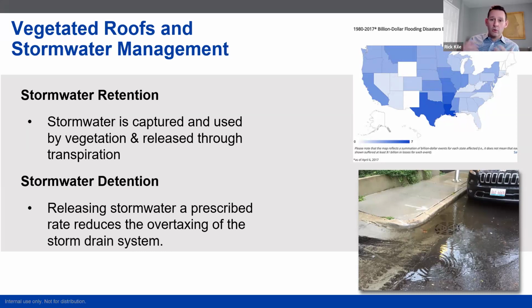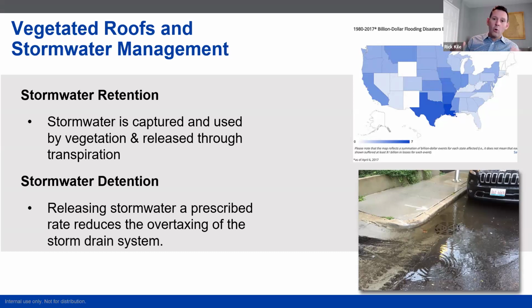So retention is holding on to water within the water-filled capacity of the growing media, and then the plants use it in photosynthesis, and then it's released via evapotranspiration. And it can also be stored within drainage and water retention layers, and that's not released off of the roof.